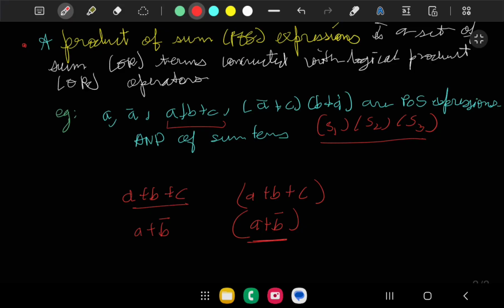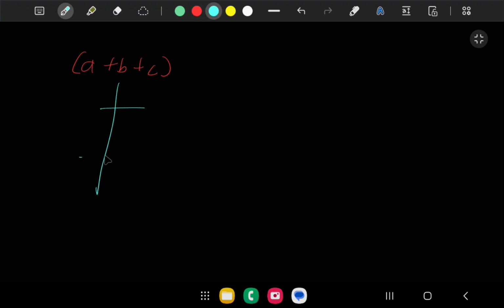What can you say about A plus B plus C? This is your expression. Is this expression in SOP or is this in POS? This is in SOP also and this is in POS also.